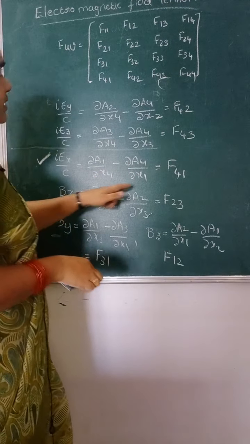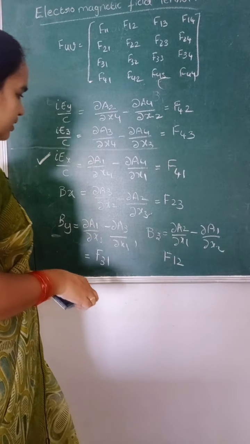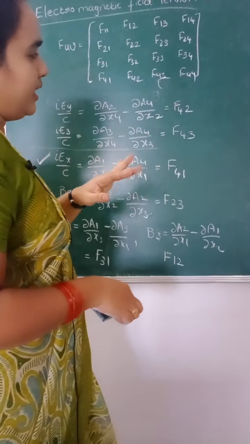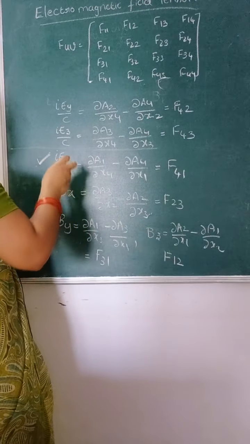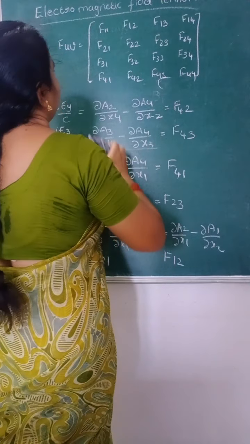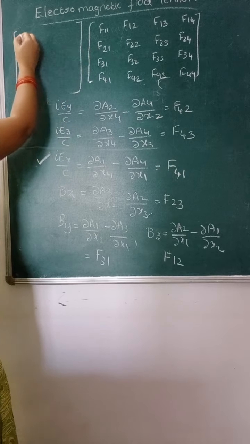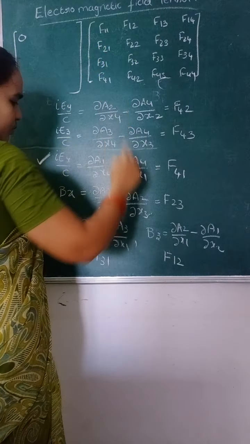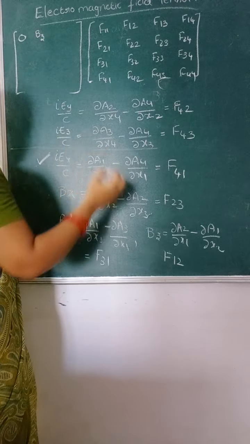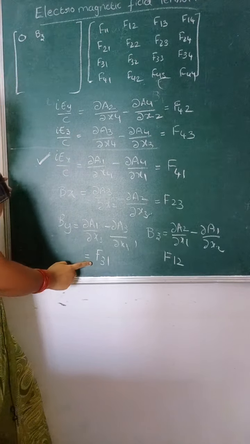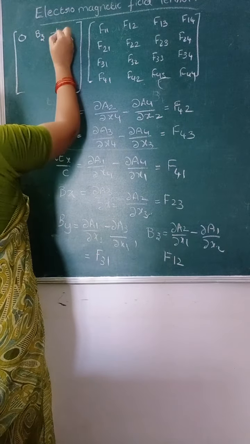Then all these components are put in this equation and the remaining components are 0. What is F11? There is no component here, so it is 0. What is F12? F12 is Bz. F13: F31 is By, then F13 is minus By.